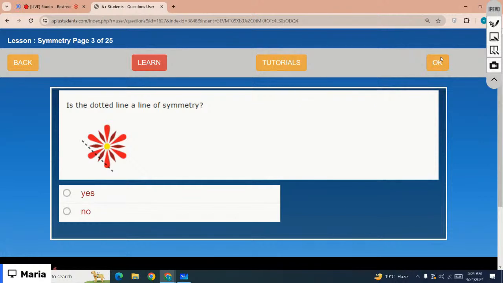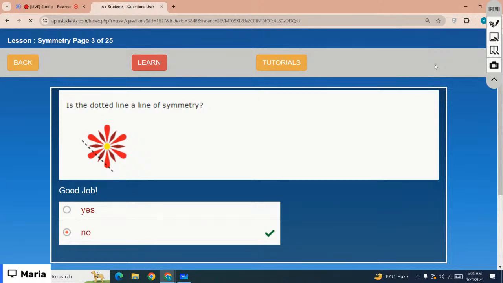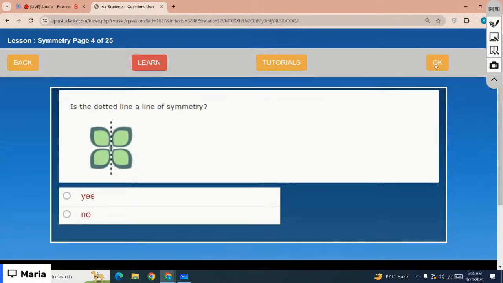Is the dotted line a line of symmetry? The correct option is no. Is the dotted line a line of symmetry?